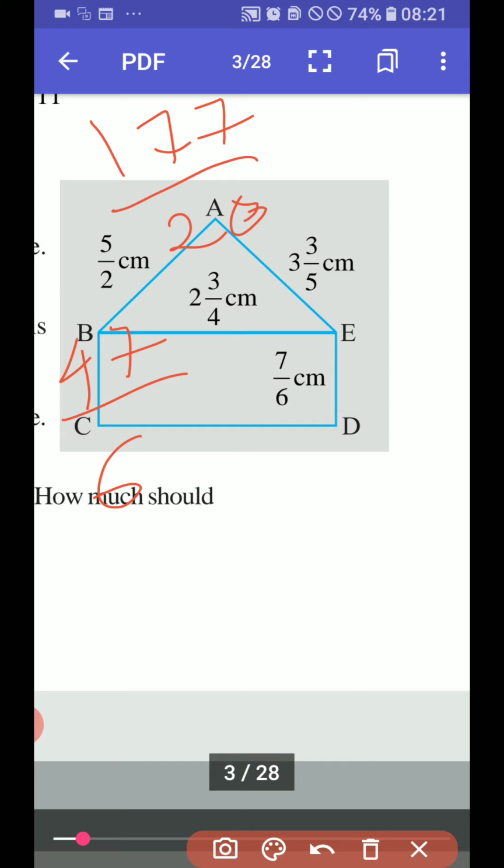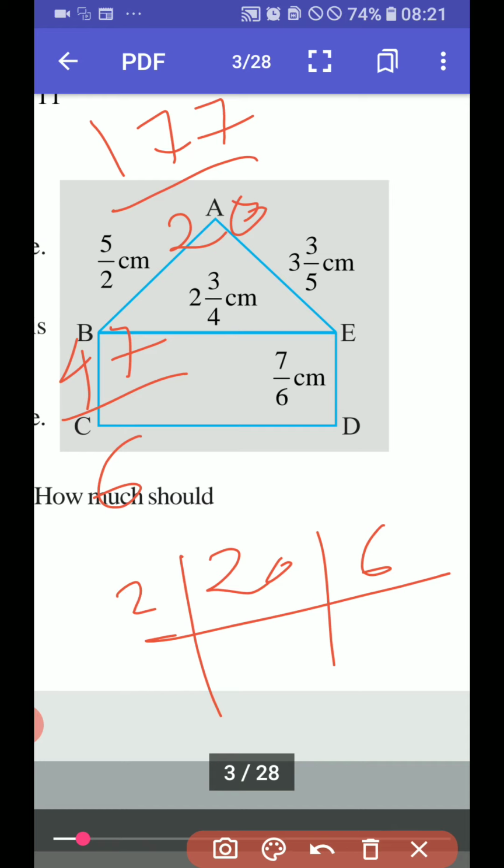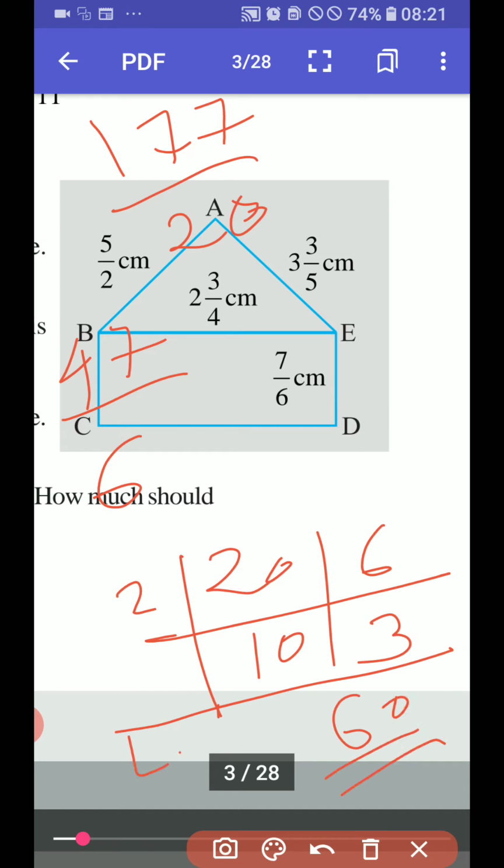For this I will find the LCM of 20 and 6, which is 60. Now divide 60 by 20, and 20 times 3 is 60.